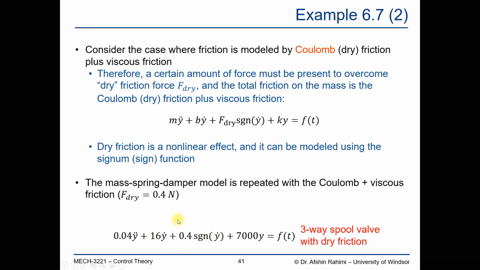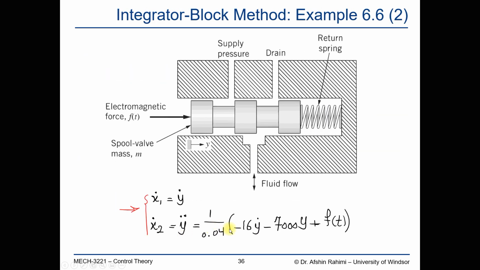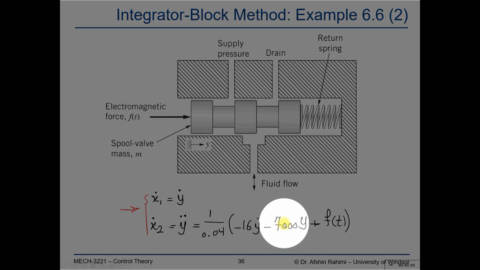If we move things around, from the equation we looked at earlier, we will have an additional term here that is minus F dry sign of y dot.